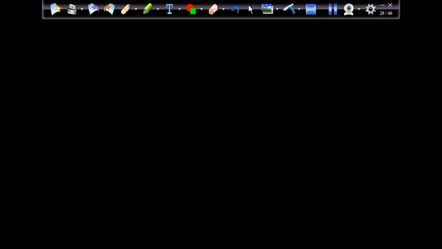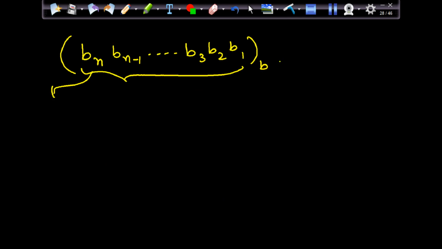So basically, if you are given any number, this is supposed to be the Ith number in base b, then what is I? You can get the value of I using the digits of this number.